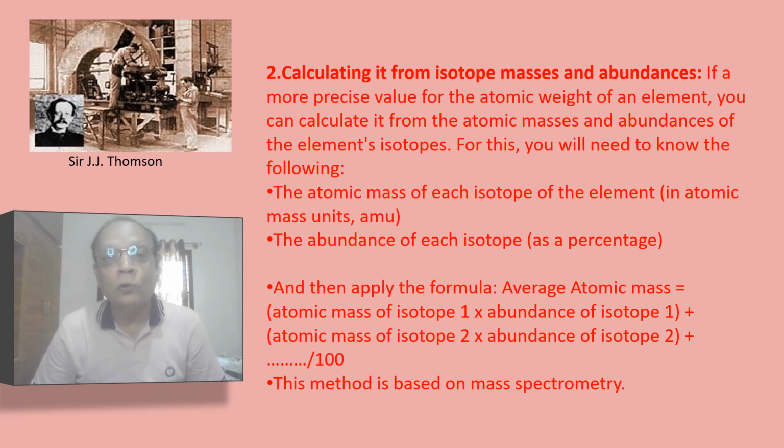So if a more precise value of the atomic weight of an element is to be calculated from the abundances and atomic weights of different isotopes of the element, we apply this formula: average atomic mass equals atomic mass of isotope 1 times abundance of isotope 1, plus atomic mass of isotope 2 times abundance of isotope 2, and so on if there is a third isotope, and a fourth isotope, divided by 100.